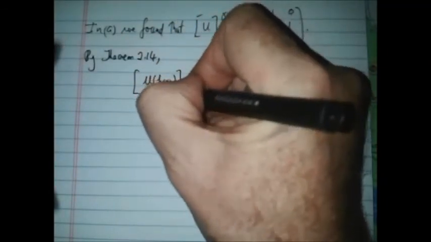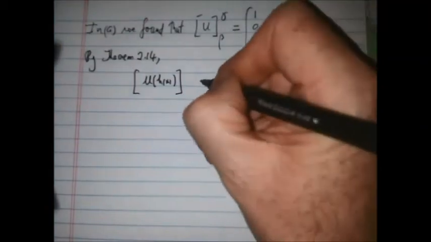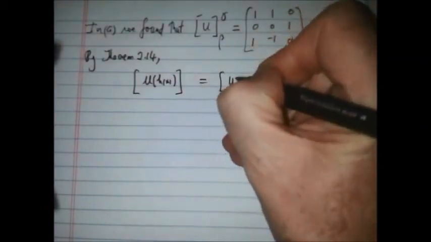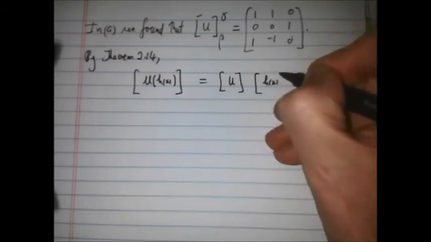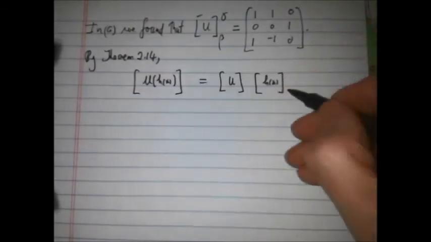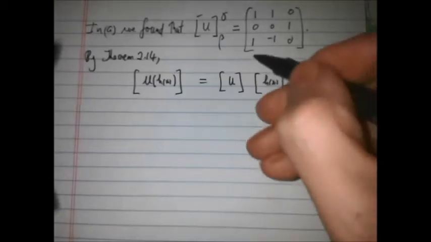Okay, now we're supposed to use theorem 2.14. So by theorem 2.14, we have an equation that looks like this. On the left-hand side are the matrix of U and the coordinate vector of h of x relative to beta.